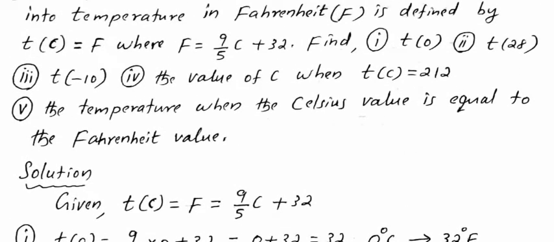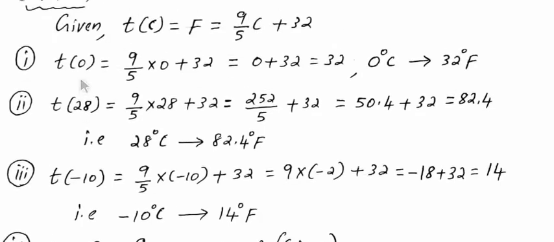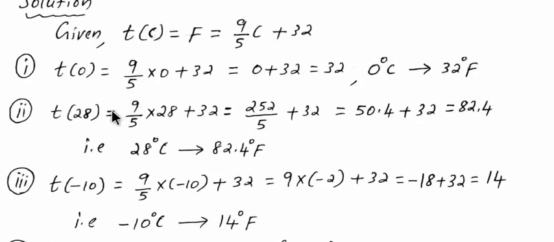Then the second one. T of 28. Just substitute C is equal to 28, that is, 28 degree Celsius, and then we will get the Fahrenheit. T of 28 is equal to 9 by 5 into 28 plus 32. Simplify: 9 into 28 is 252, divided by 5 is 50.4, plus 32.